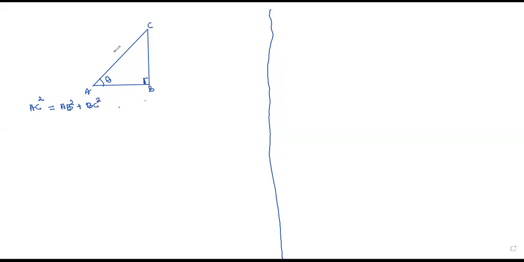Let's still take the hypotenuse to be C, the opposite to be A, and the adjacent to be B. So C squared is equal to A squared plus B squared.